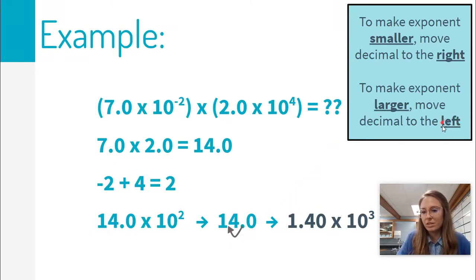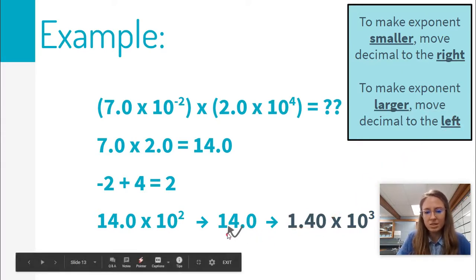If you are moving the decimal to the left, you are going to make the exponent larger. And since we move the decimal one space to the left, we are going to increase the exponent by one value. So we're going to go from 2 to 3. So our new answer, and this is the answer you should give because this is correct, this is not, is 1.40 times 10 to the third.